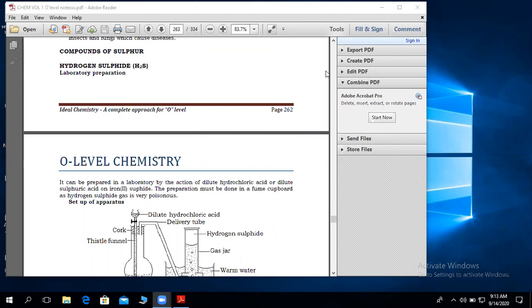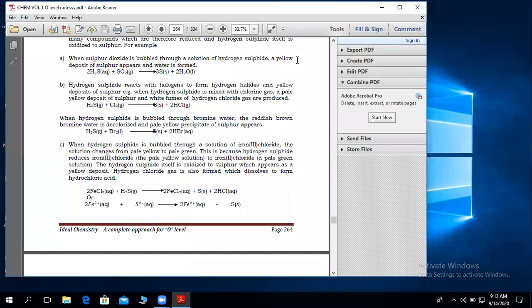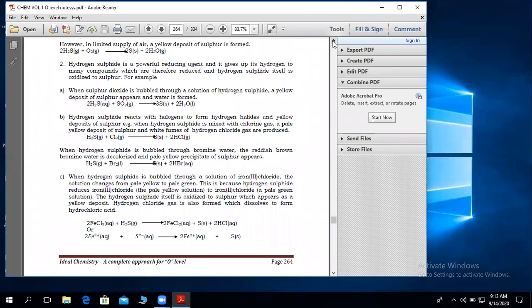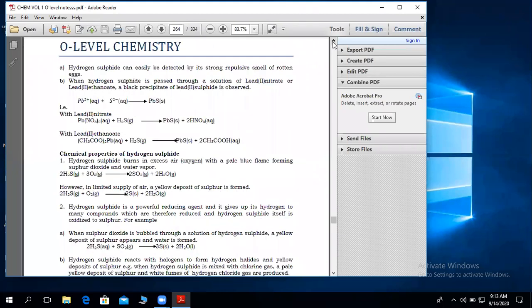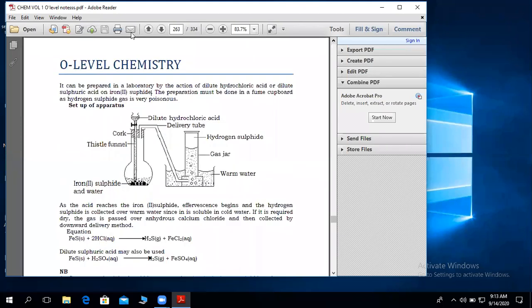Okay, let's proceed. The diagram is here. Having known the raw materials which are used to prepare hydrogen sulfide gas, we now look at the diagram. Those who have just joined, we are saying the raw materials are iron 2 sulfide and dilute sulfuric acid.